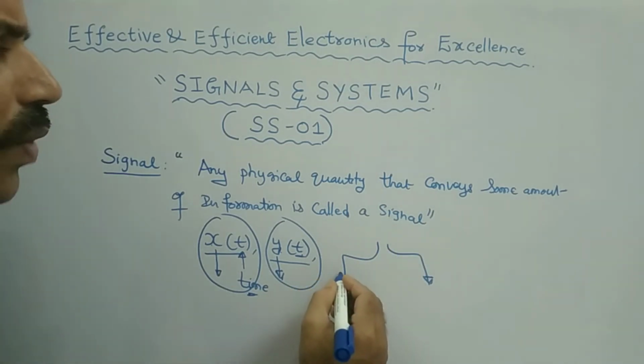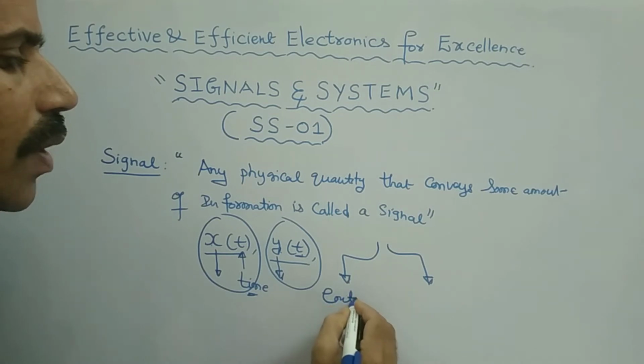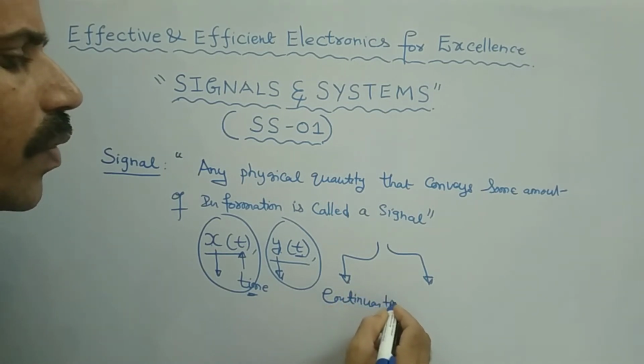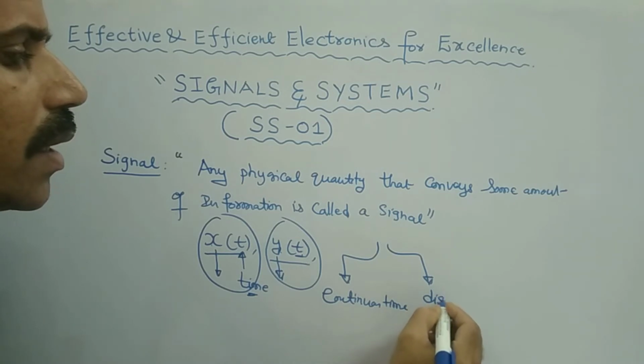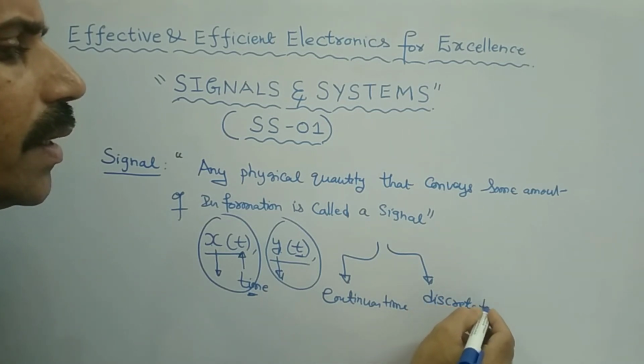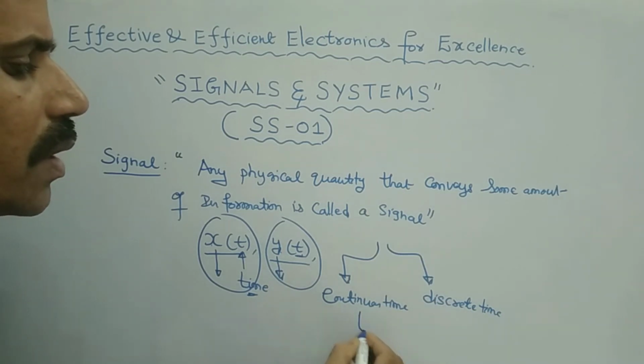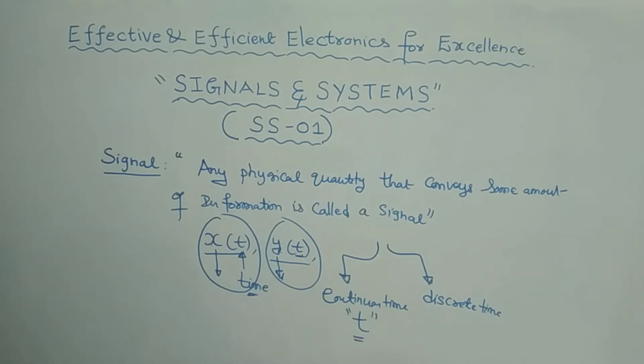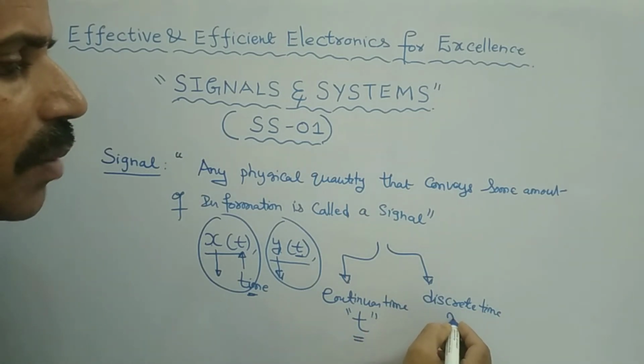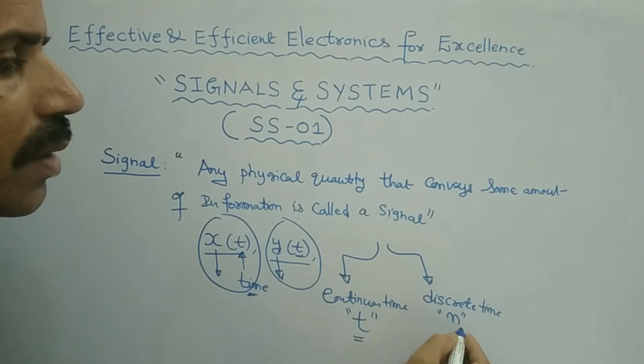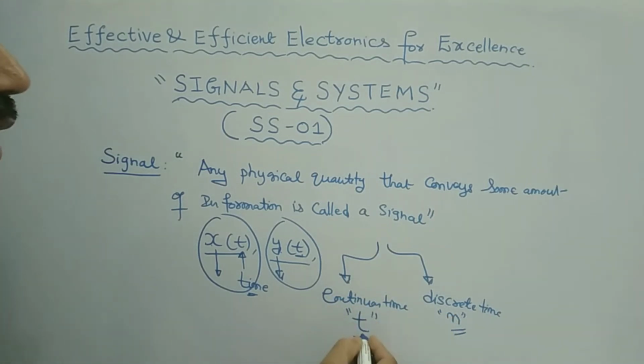One is continuous time, and the second one is discrete time. Continuous time is denoted by small t, whereas discrete time is denoted by small n. This is the basic difference between continuous time and discrete time. You must remember this.